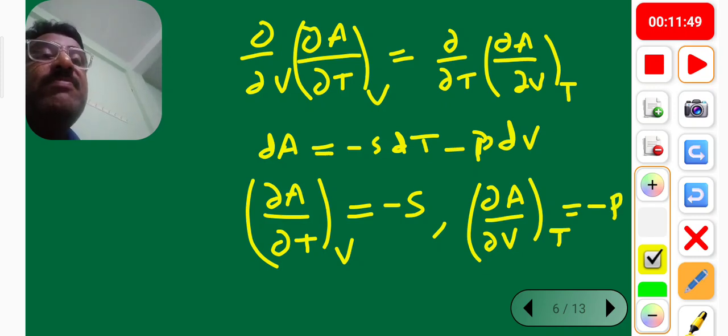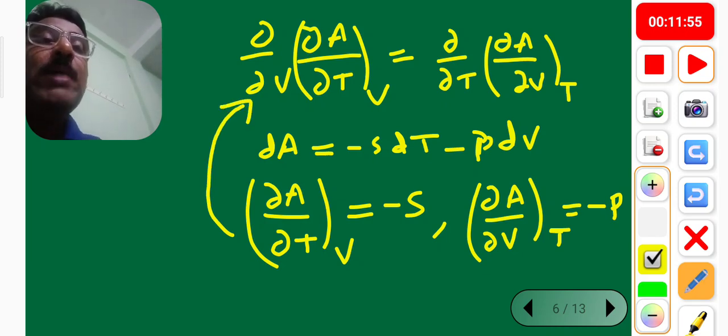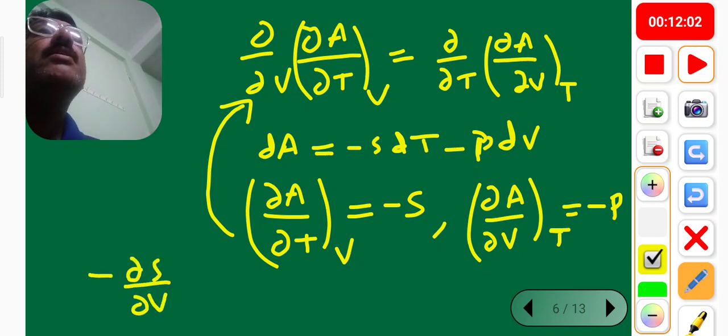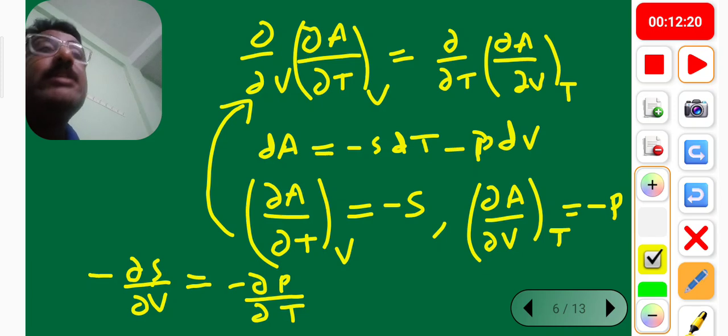So if I substitute here, what do I get? You will get dou by dou V of dou A by dou T, that is minus dou S by dou V at constant temperature, equal to minus dou P by dou T. So dou S by dou V is at constant temperature, isn't it?